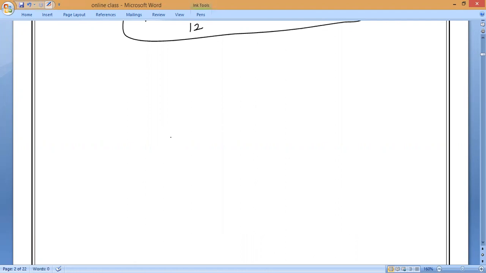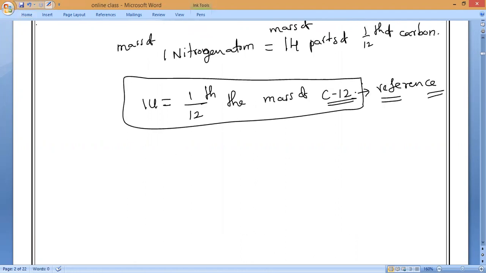Before that, please write the definition of atomic mass, as they may ask you for one mark in the exam, so by that time you have to write this.